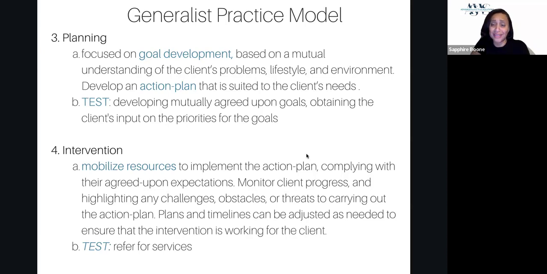If that's the only thing that they mention in the scenario, then I would say, yeah, we should definitely go with that first. But I also want to remind you that sometimes clients aren't ready to address their substance use. And so we want to make sure that we are assessing their readiness and also checking in on what they want before we just jump and say, you need to work on this. Okay.